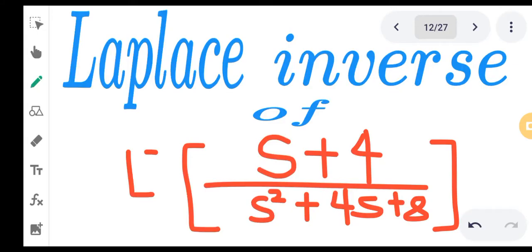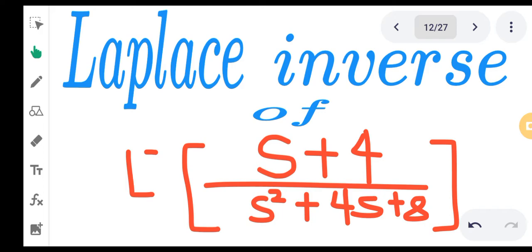Okay, so today I want us to see how we can find the inverse of Laplace. So Laplace inverse of... we are using this example, and it's a very critical question. We need to digest it before we can solve it.